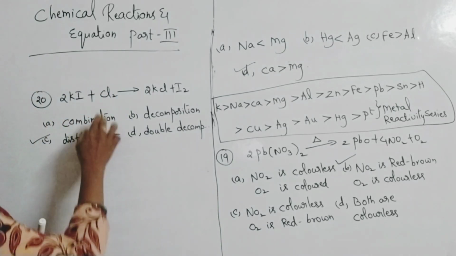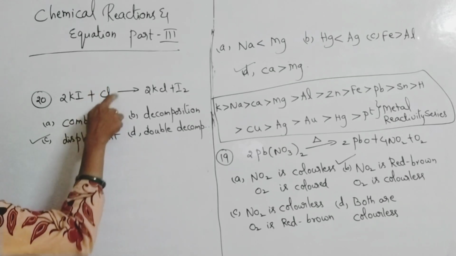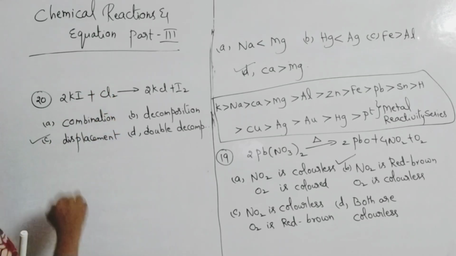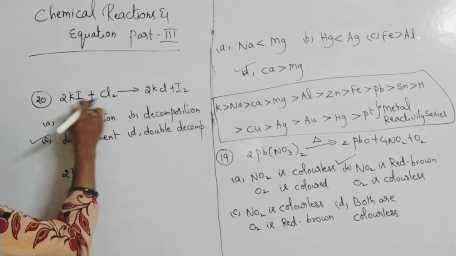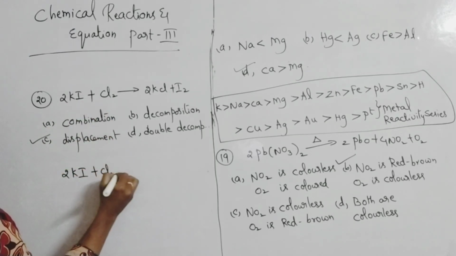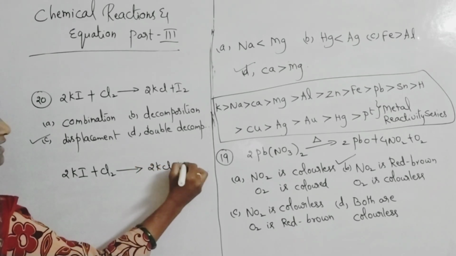Here, look, this is also a displacement reaction. But here you are not finding chlorine in the series. Chlorine is a non-metal. Here also the same principle can be applied. 2 KI plus Cl2 gives rise to 2 KCl plus I2.